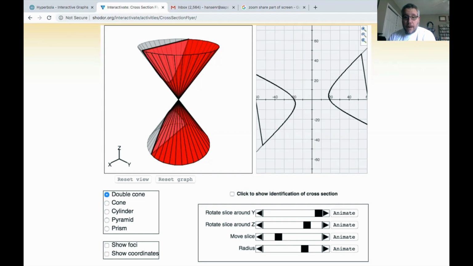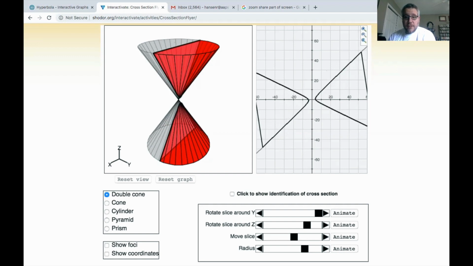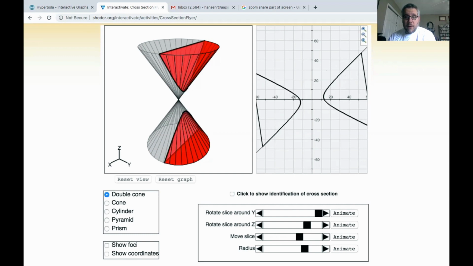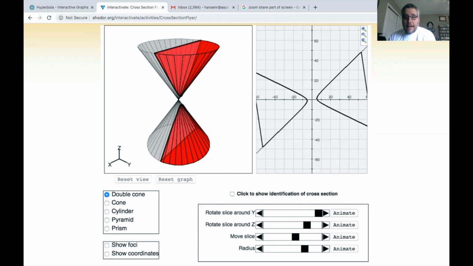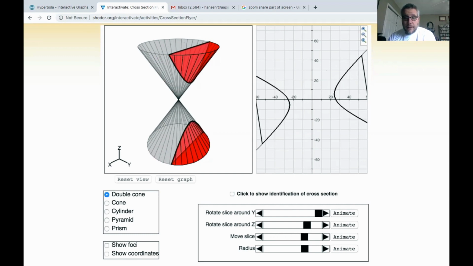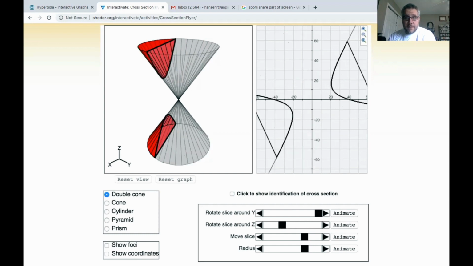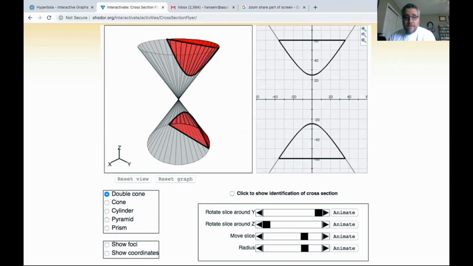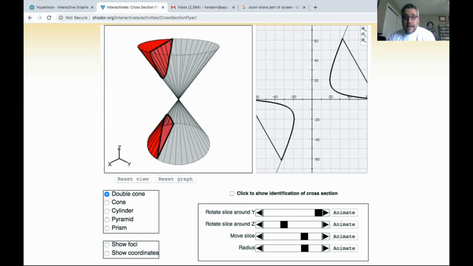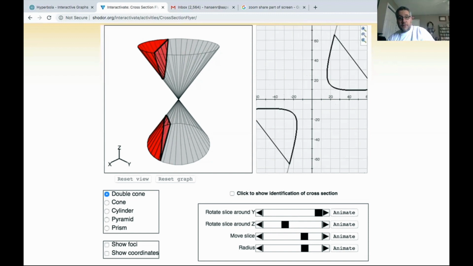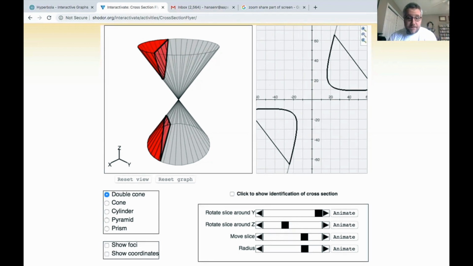I can move it around a little bit. You can see how it changes shape depending on where we are on the cone. I could also play around with the angle. We could do lots of stuff like this. So again, the hyperbola comes from slicing through such that you go all the way through both cones through their base.